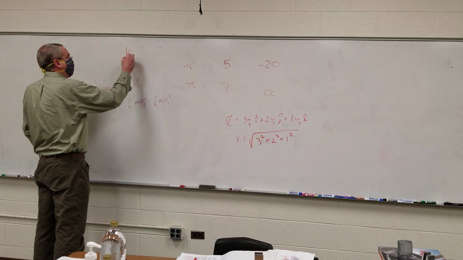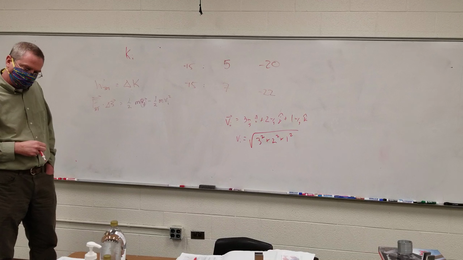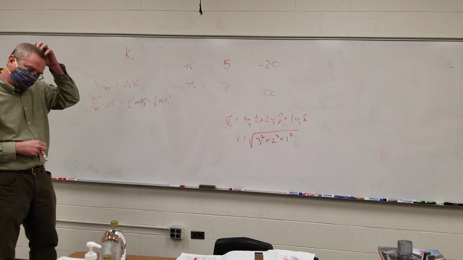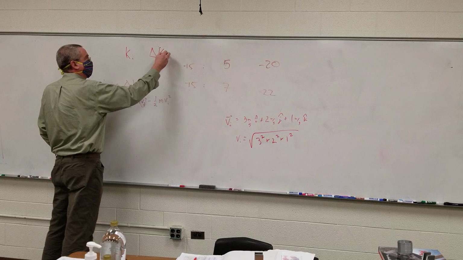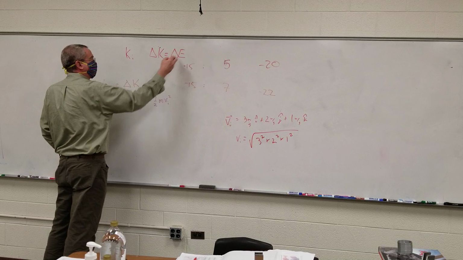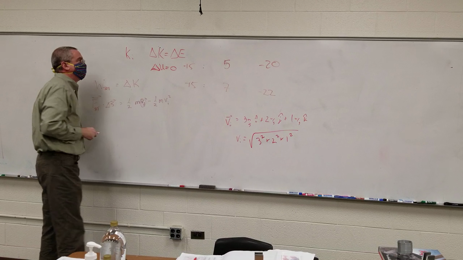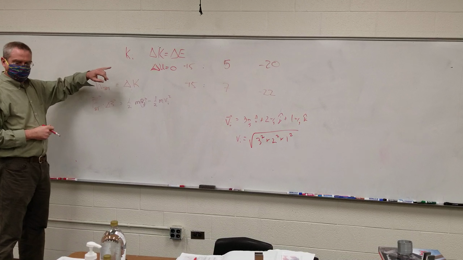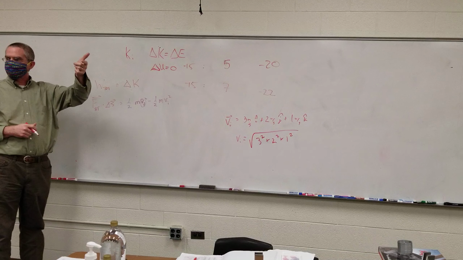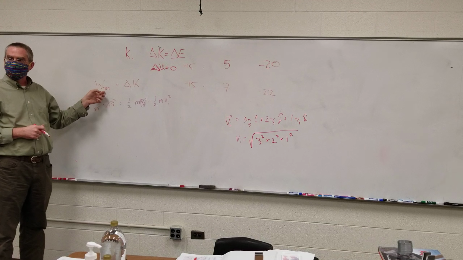So you know Ki, you know the work that is done. It's on a level surface here, so the change in kinetic energy would also be equal to the change in energy, since the change in potential is 0. And so you were given the force, you're given the distance, and so therefore you can find the total work that's been done.